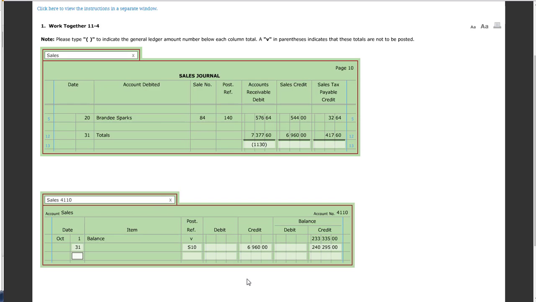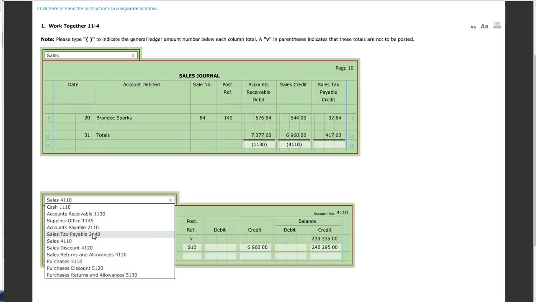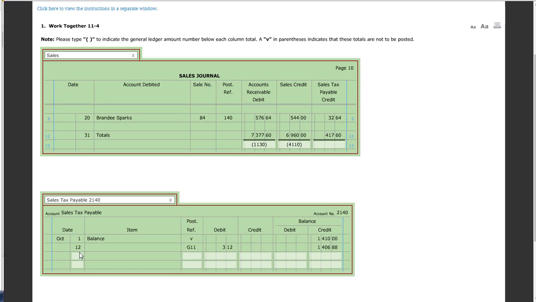So, as of year to date, this business has had $240,000 worth of sales. That's good information for me to know. And then account number 4110 goes back up on top. Then I'm going to go ahead and jump to sales tax payable.